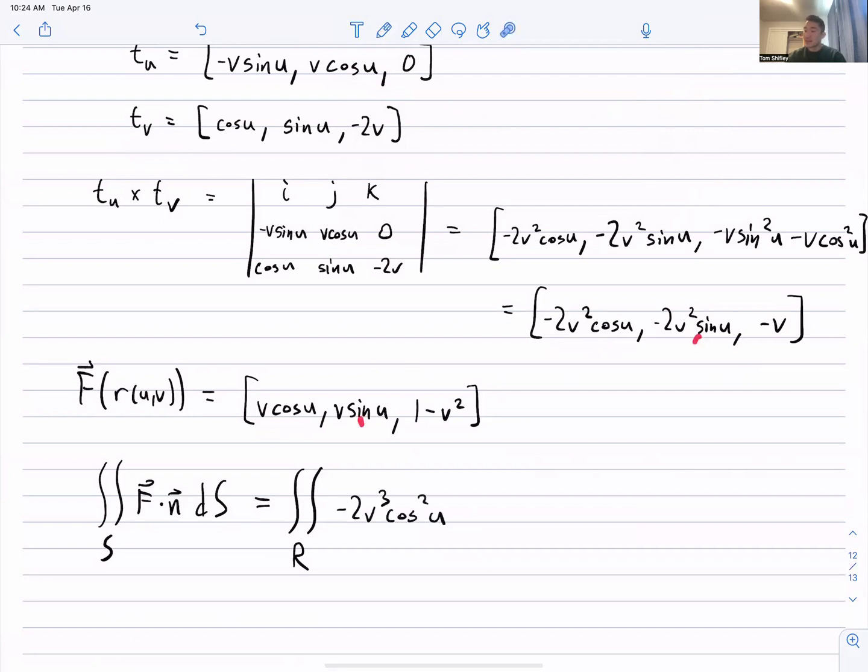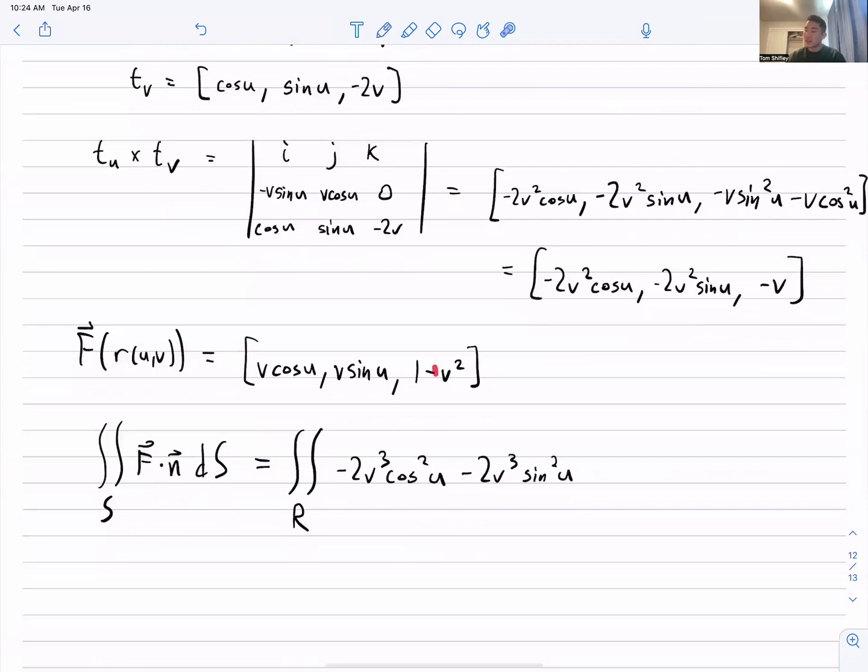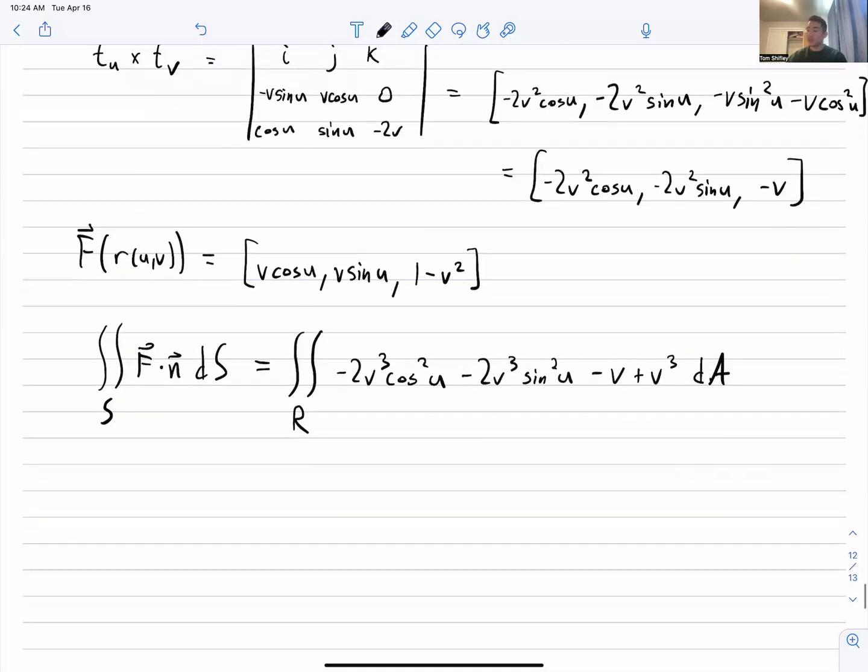Then this guy times this guy gives me minus 2v cubed sine squared u. That's convenient because that's going to cancel. And then dotting this guy and this guy gives me minus v plus v cubed dA. And so it will be du dv, but we'll have to switch it over.